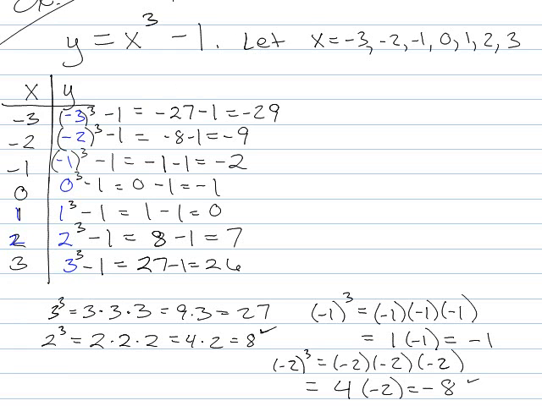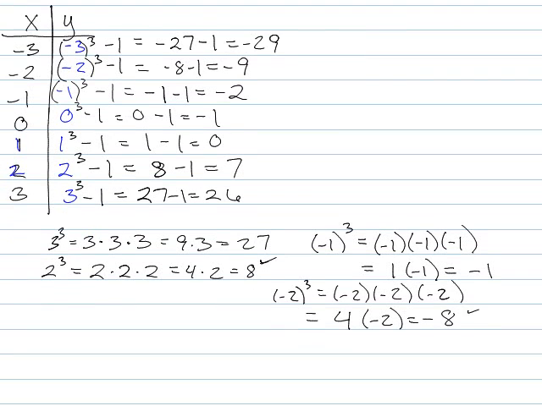Alright, so I'm going to rewrite that table because it's gotten a little funky looking. I'll write it down here, and then I'll scroll down so you can see it. -3 goes to -28. -2 goes to -9. -1 goes to -2. 0 goes to -1. 1 goes to 0. 2 goes to 7, and then 3 goes to 26.